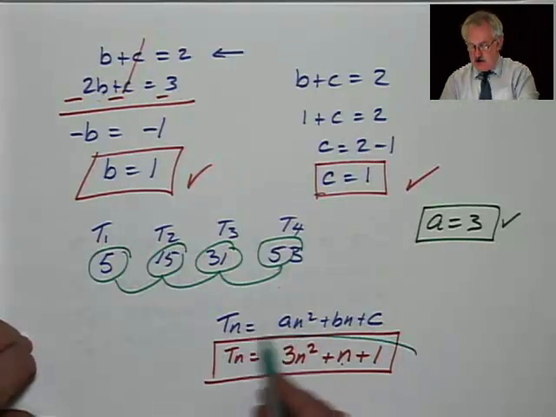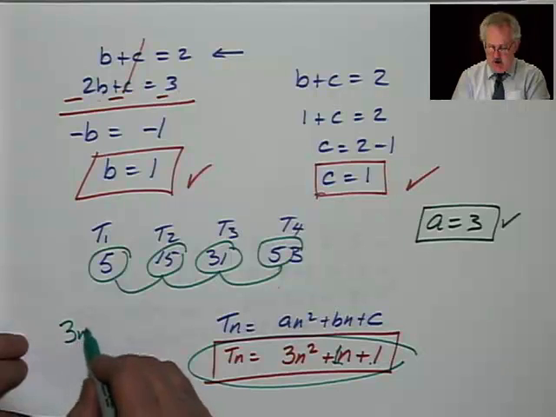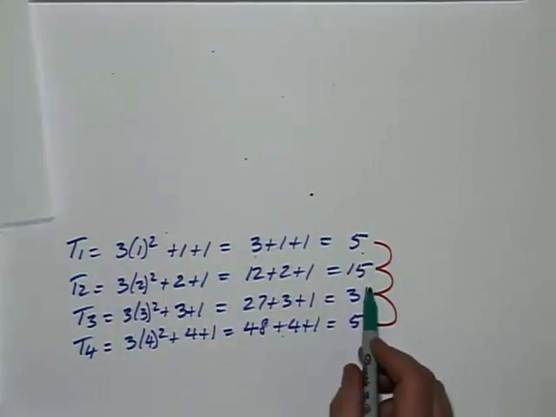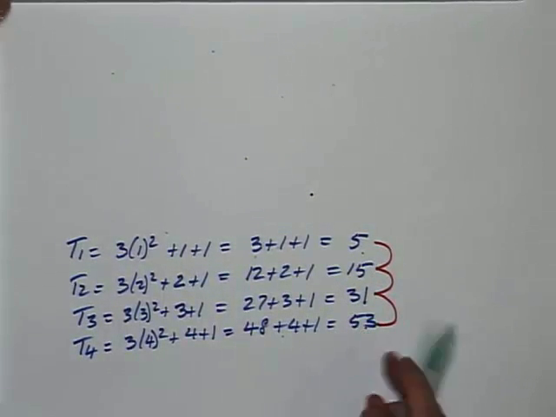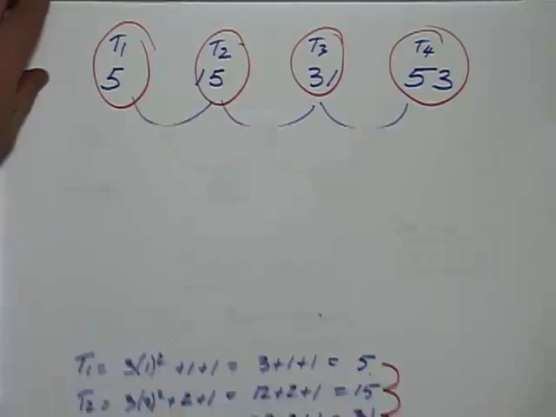We got this equation here, 3n squared plus 1n plus 1. That was the B and the C and the A all known. We plugged in the values and we get 5, 15, 31, and 53.